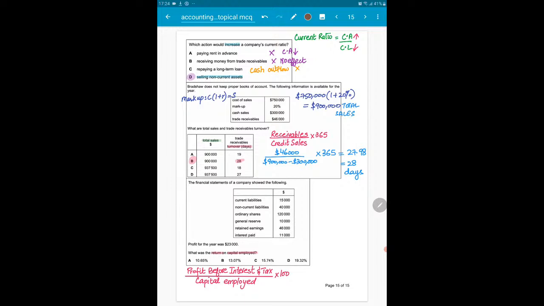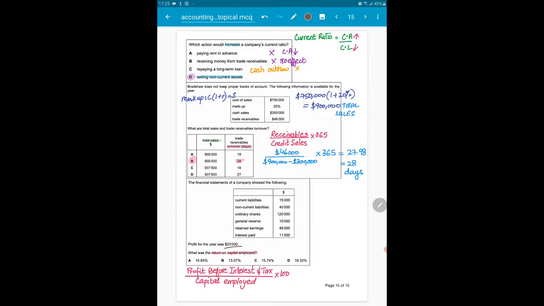The first important thing to understand is that in the formula for return on capital employed, we don't take profit for the year. That's a mistake that students make. We have to take the profit before interest and tax, or simply called EBIT, earnings before interest and tax. So you have to add back the interest and the tax if you have been given the profit.